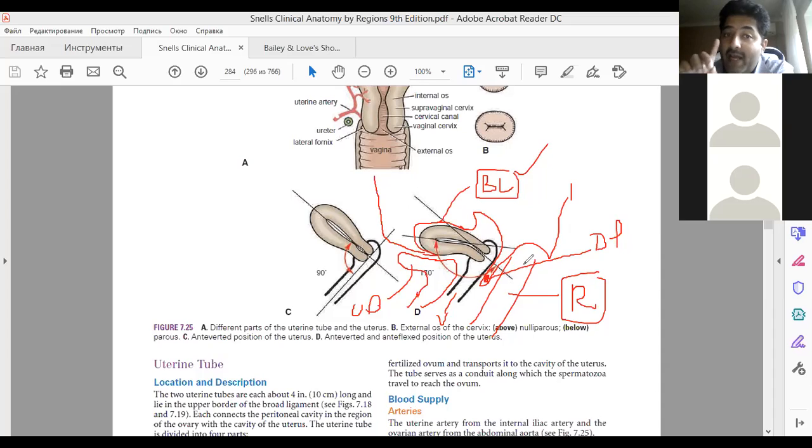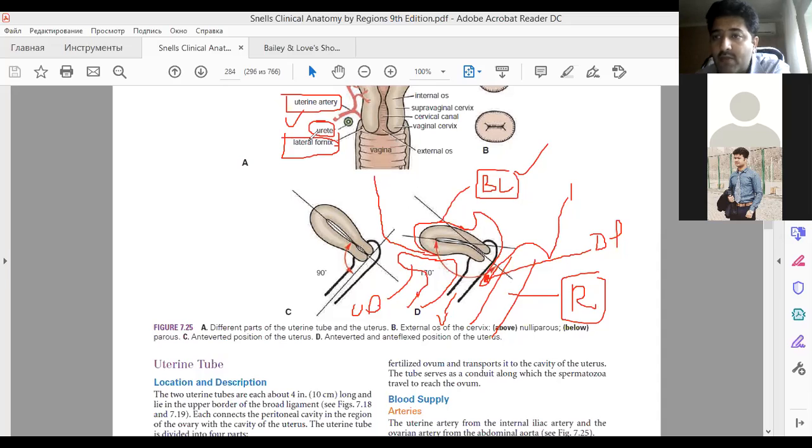Okay. Now, a very important correlation which I am telling you, please remember it forever. The lateral fornix of the vagina is in close relation with the ureter, and above the ureter, the uterine artery is present. What is present?